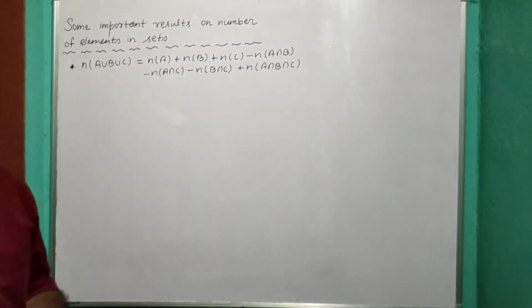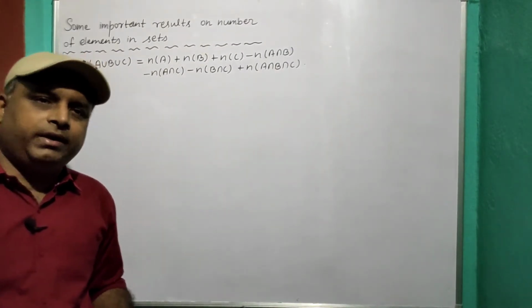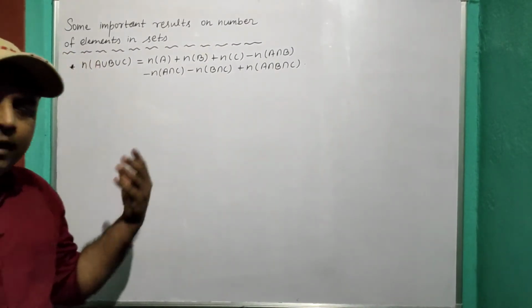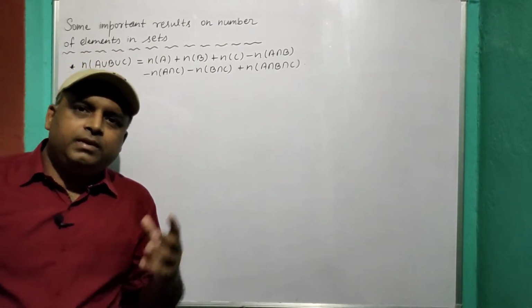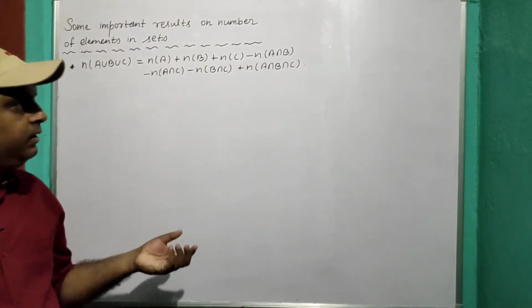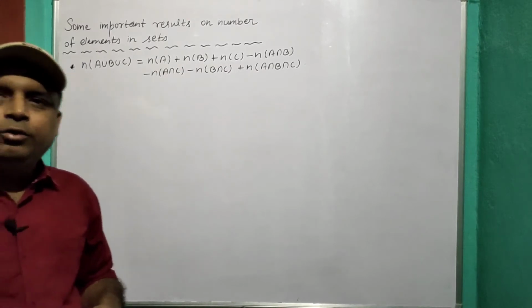So this is another result which is also important. Again, I want to tell you that the proof of these theorems is not important, but it is better if you know the proof.